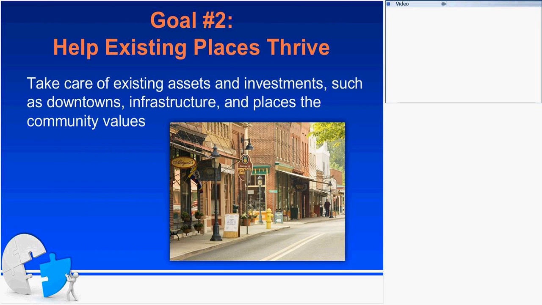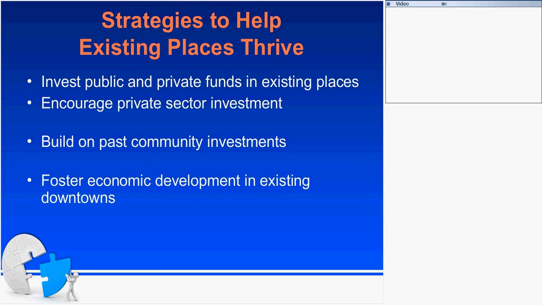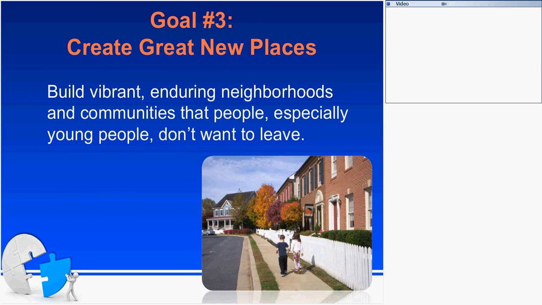And then we describe goal number 2, which really has to do with reinvesting in existing places in your communities, like downtowns, existing infrastructure, historic buildings, things like that. And then the third goal is about when new growth and new development is required, it should really enhance the character of the development that's already there and be connected to it.